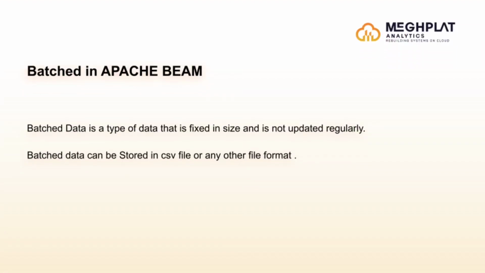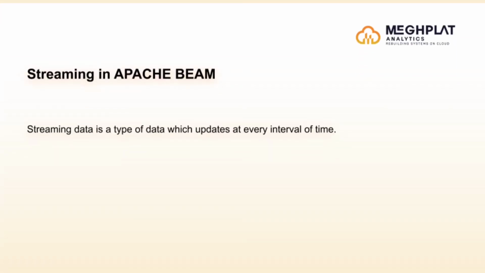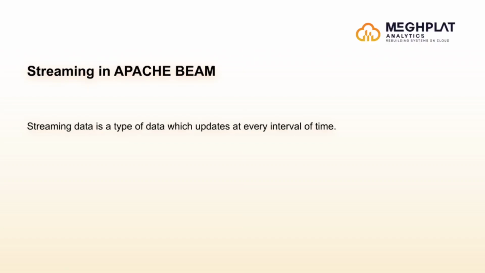Now, what is batch data and what is streaming data? Batch data is a type of data that is fixed in size and is not updated regularly, or we can say it is not updated at a regular interval of time. Batch data can be stored in a CSV file or any other file format, right? Now the other term is streaming data.